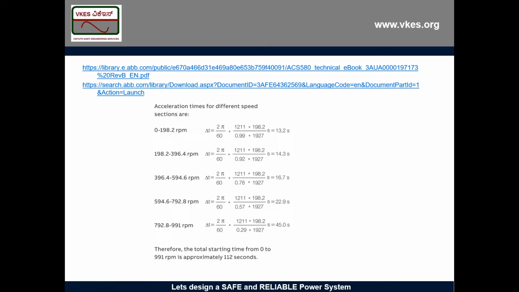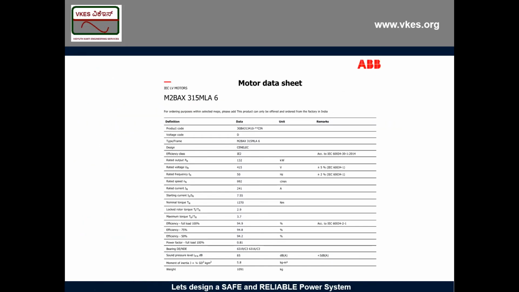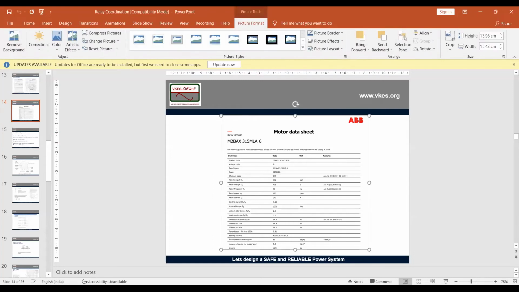Yes, sir. I have a small exercise for all of you. Take this data sheet. I will share one data sheet in the WhatsApp group.